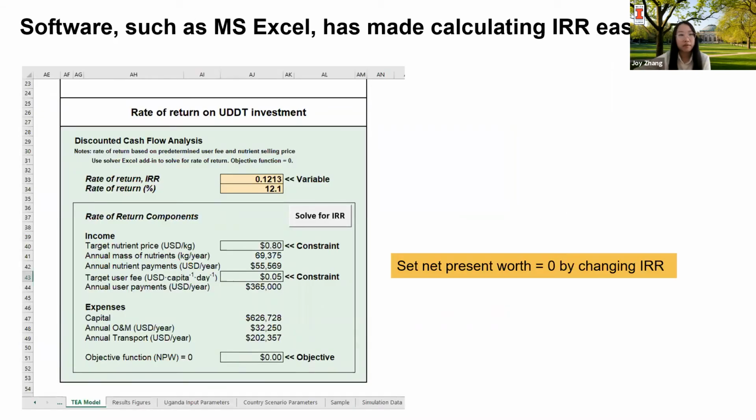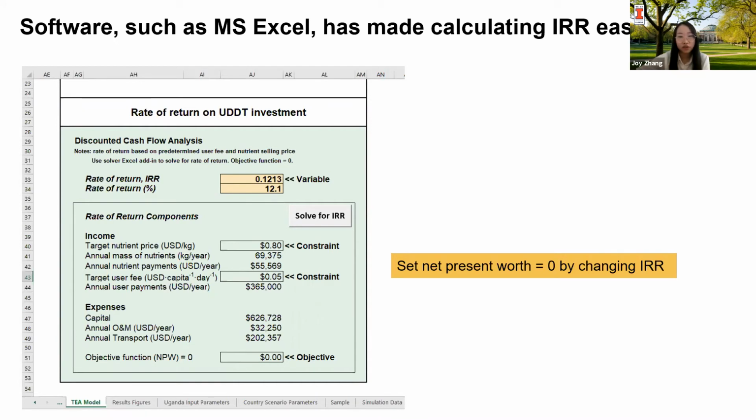Here in our example, we set up the TEA model, and we set up a section showing how to solve for IRR. What we need to do first is to set up an equation for net present value, and the discount rate in that equation should be replaced by the cell where you want to put the IRR value.